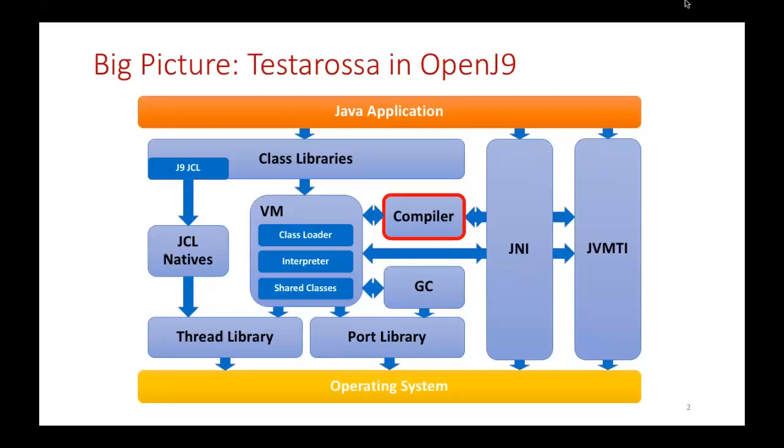The key thing here is that the compiler technology doesn't sit alone. It does need to communicate with the virtual machine that's actually running. Regardless of whether or not this is OpenJ9, it does need to communicate with the higher level virtual machine, and it does need to talk to the runtime in some way as well.